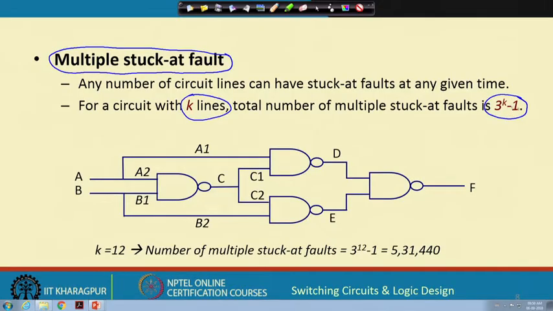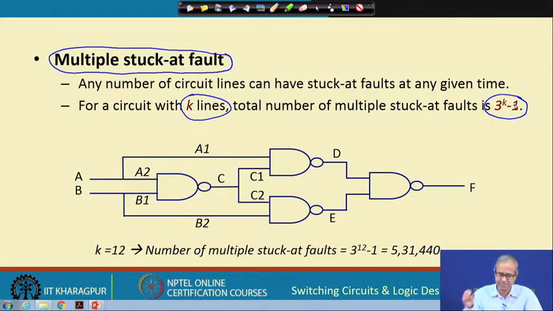So, all k lines can be in 3 states each. So, if you look at all possible combinations, it will be 3 multiplied by 3 multiplied by 3 k times, 3 to the power k. And out of this 3 to the power k, there will be one combination which says all of them are fault free. So, you subtract that one. So, it becomes 3 to the power k minus 1, right.